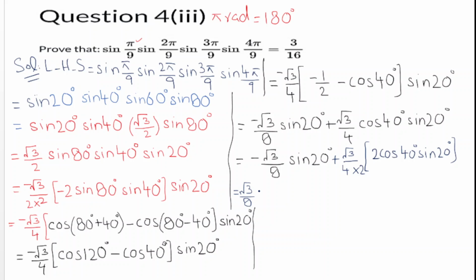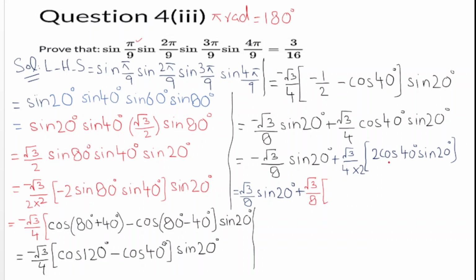So sine 20 here. And then plus, now again I will change the color, square root 3, or you can say under root 3 by 8. Okay, and then let's apply the formula. This is the second formula.